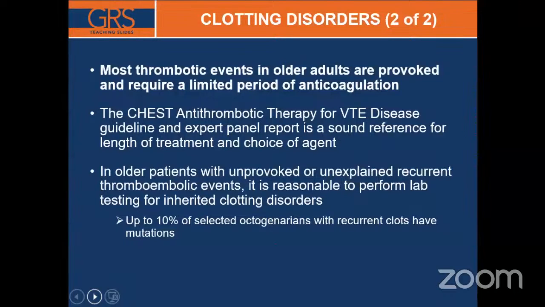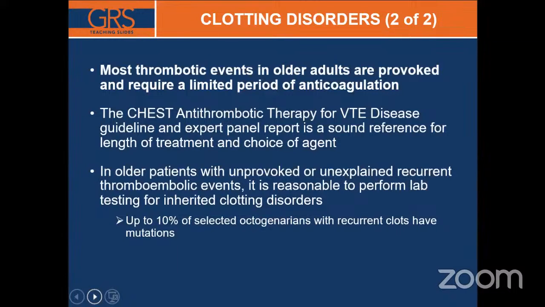Most thrombotic events in the older adult are provoked and require a limited period of anticoagulation. The CHEST antithrombotic therapy for venous thrombosis disease guideline and expert panel report is a good reference for length of treatment and choice of agent.